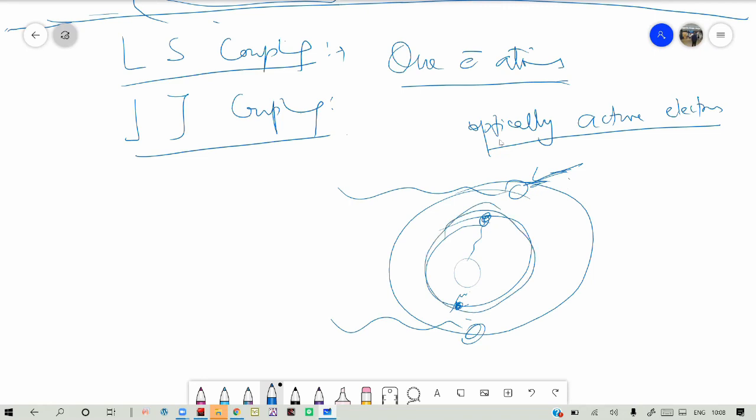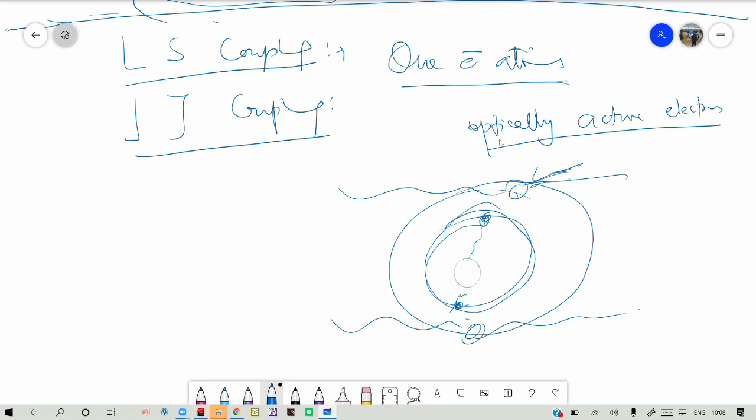So these two electrons become optically active electrons, as they can be easily excited and they can easily take part in physical phenomena like absorption, excitation, scattering, and they can have a magnetic moment which can interact with the external field. They can have an electric dipole moment which can interact with the external electric field, which is an example of the Stark effect. Similarly, they can be optically excited, and so they are called optically active electrons.